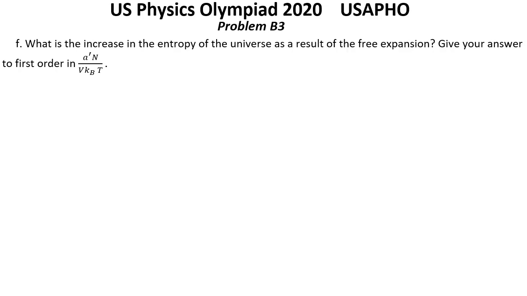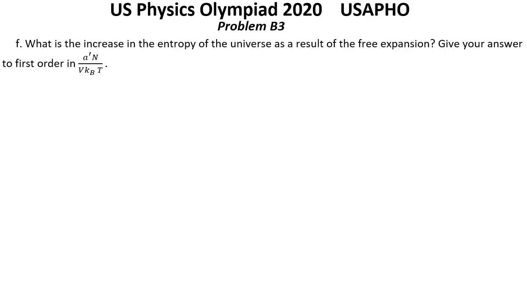Therefore, we just have to compute the increase in entropy of the gas. Because entropy is a state function, we compute this change in entropy by constructing a reversible process between the initial and the final states of the expansion, and computing the change in entropy for this process.